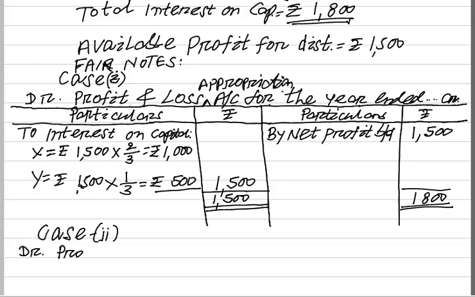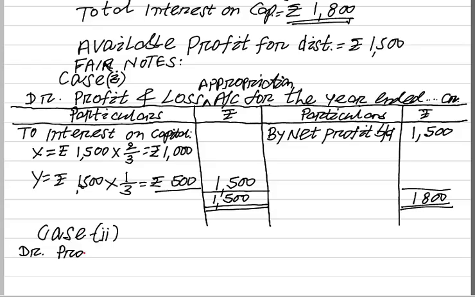Whereas the second one is only, in the first case you could not allow interest, you allowed interest on capital till the available amount of profit. There is no loss. In that case you have to prepare only a profit and loss appropriation account.